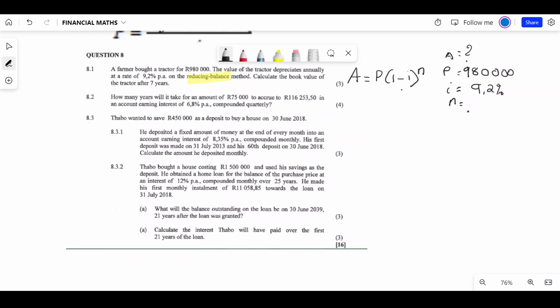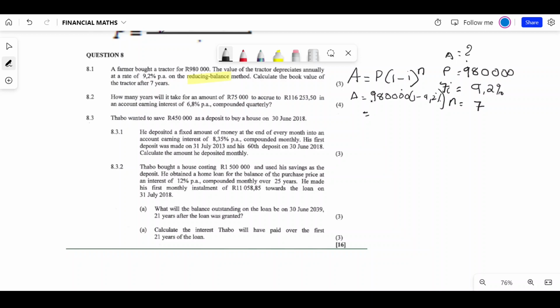N, the number of years in this problem, is 7 years. So it's just a matter of substituting: A equal to 980,000 times (1 minus 9.2%) to the power 7.